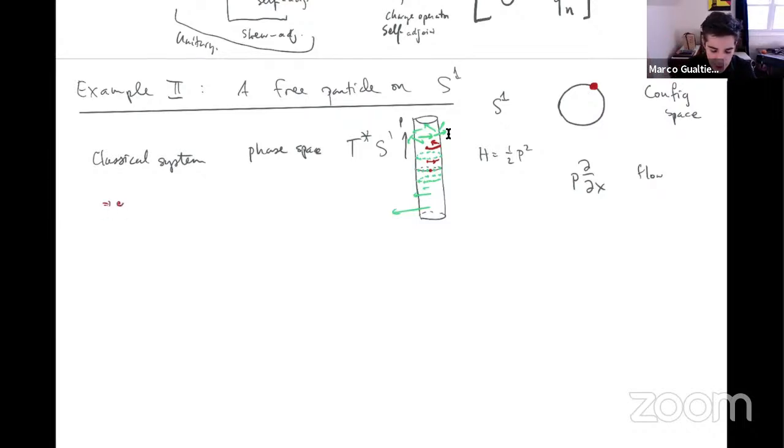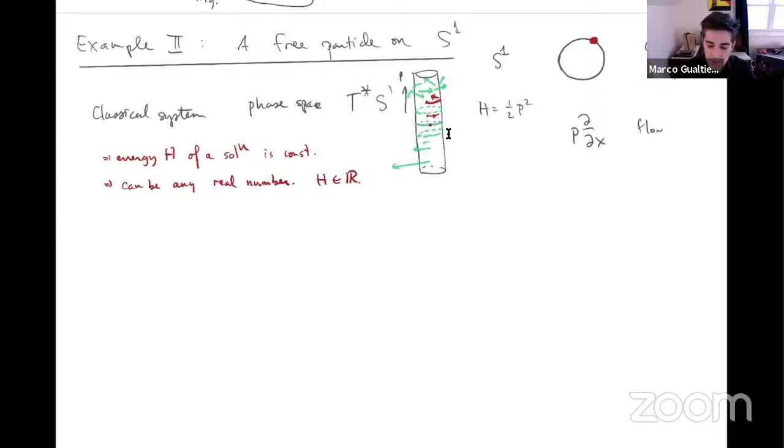This means that the energy H of a trajectory, or the energy of a solution, is of course constant, but also it can be any real number, because I can decide to give that particle any push I want.